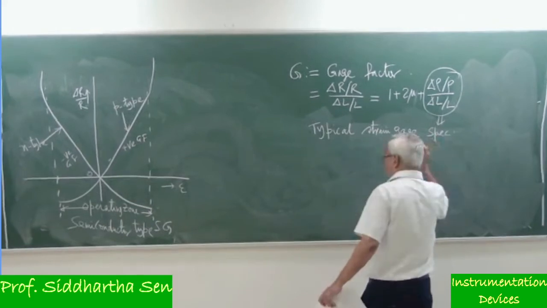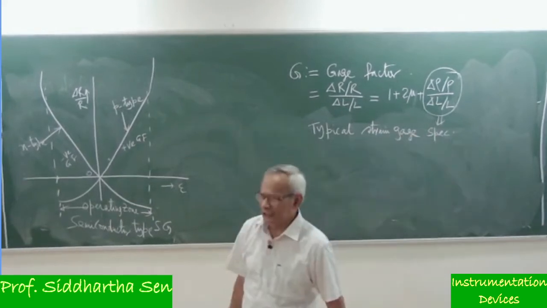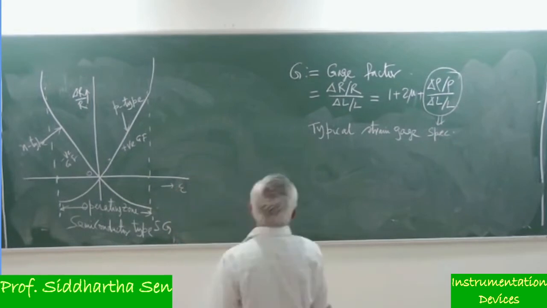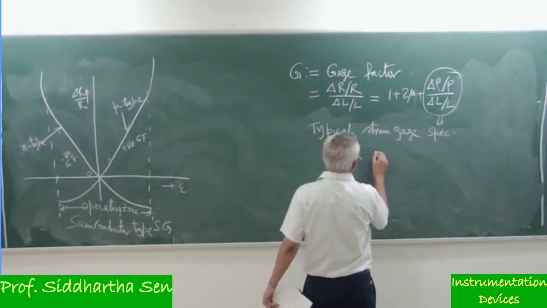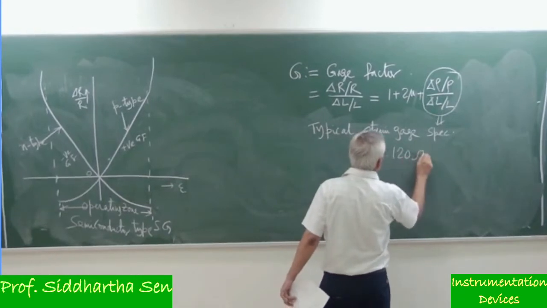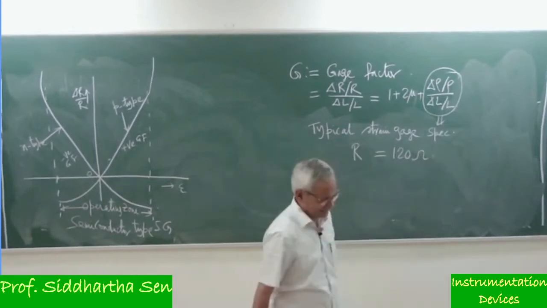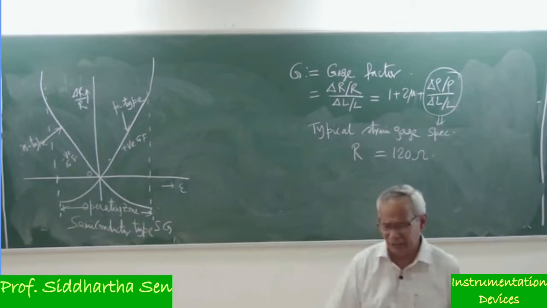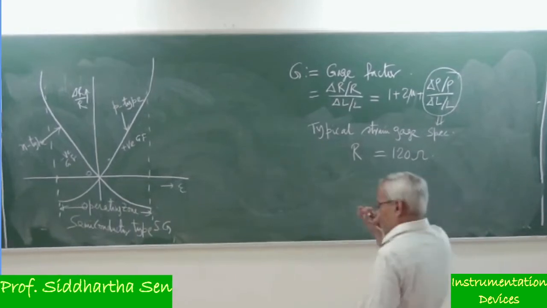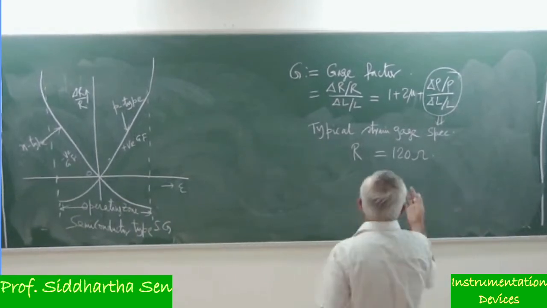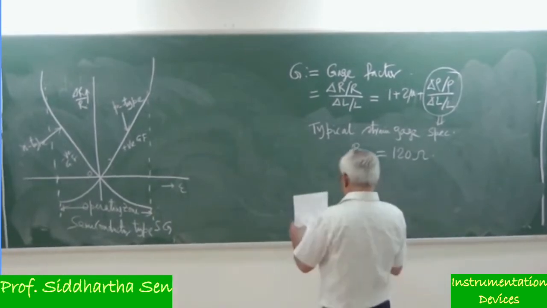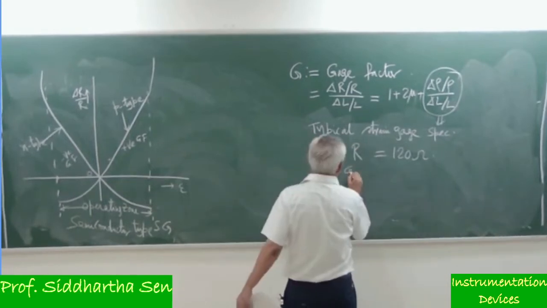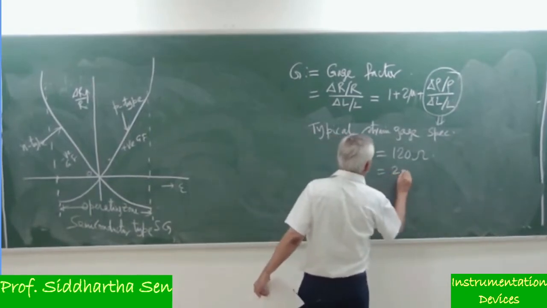so these are the typical strain gauge specifications. One is the resistance R, say it is 120 ohm. I just say one example. As I told, it can be 120 ohm, 150 ohm, 350 ohm or like this. Then the gauge factor, say it is 2.0.